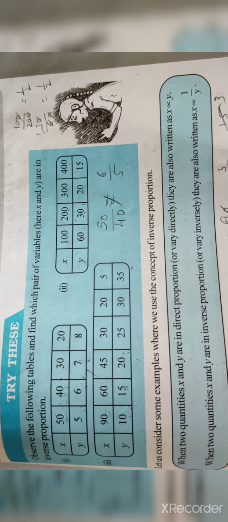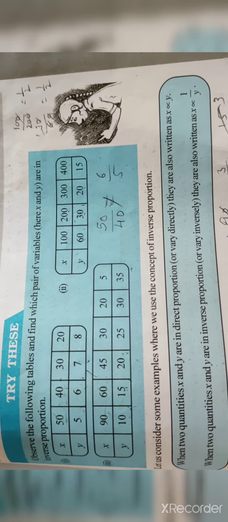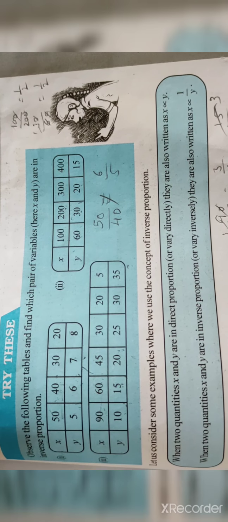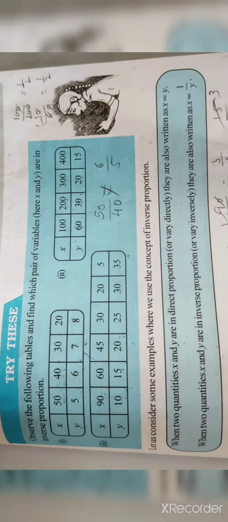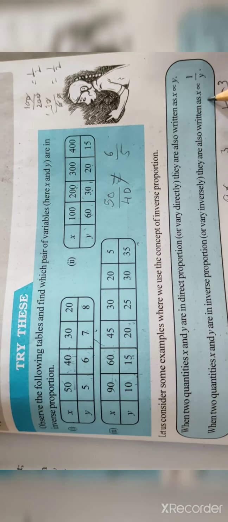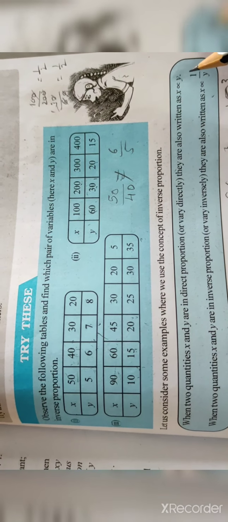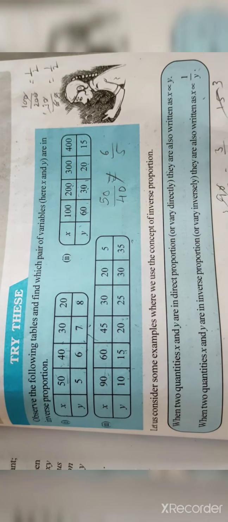When two quantities x and y are in inverse proportion or vary inversely, they are also written as x proportional to 1 upon y. That means if the value of x increases, the value of 1 upon y will decrease.